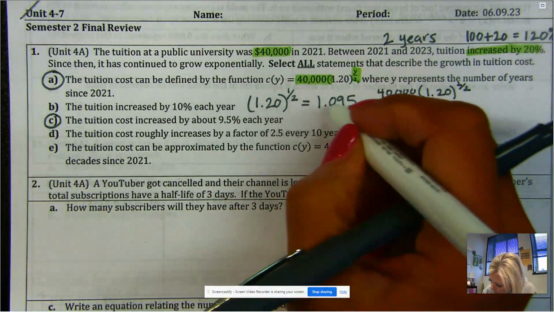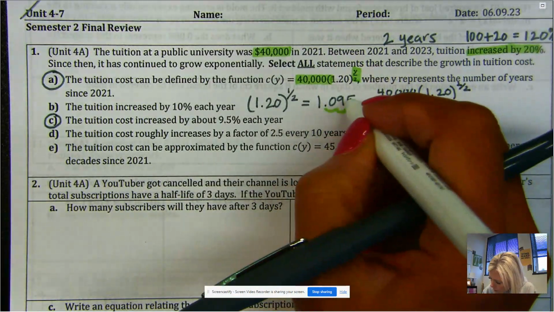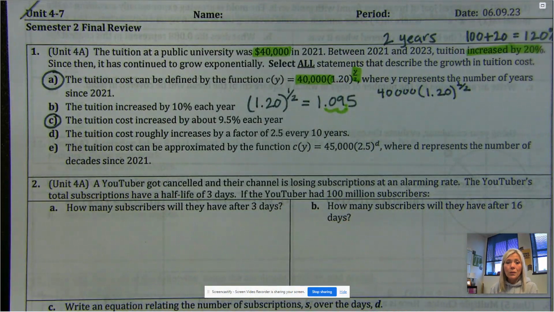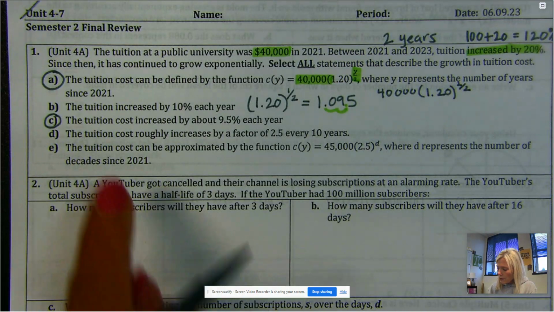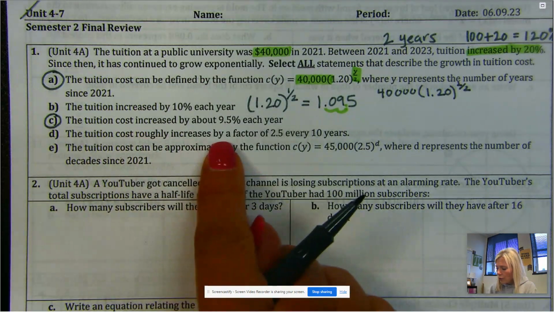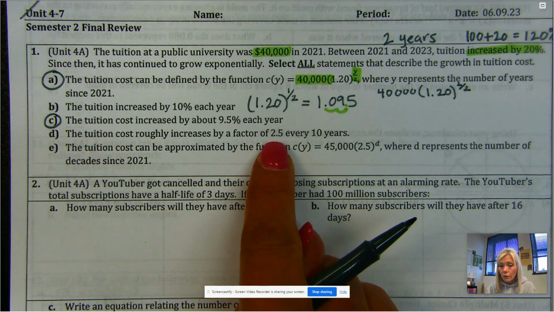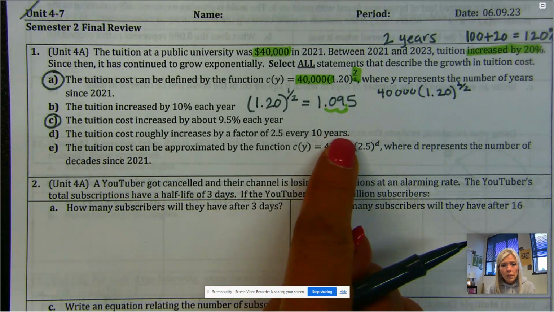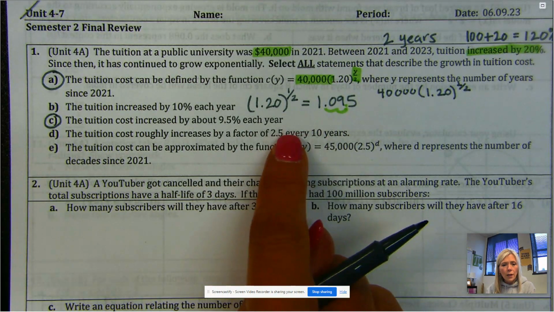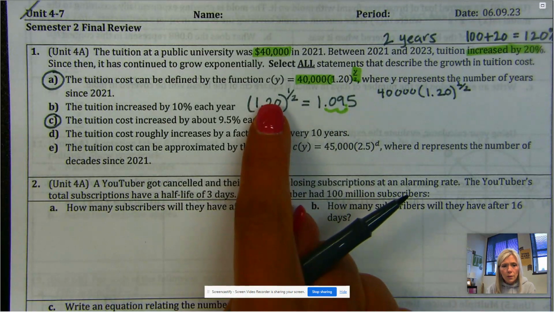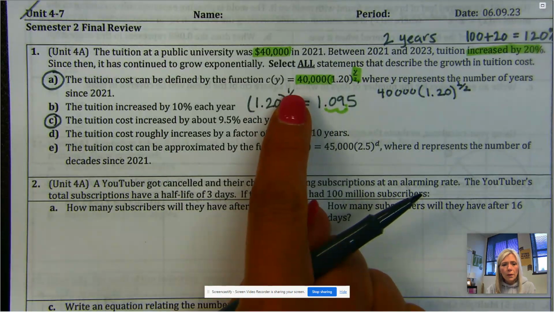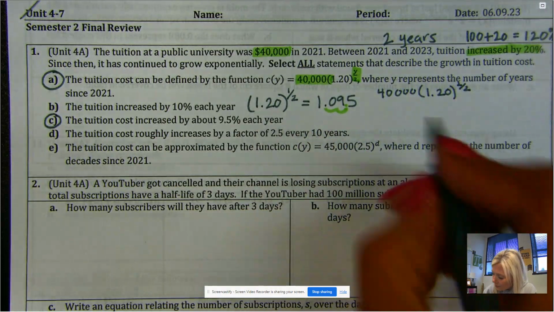If this decimal were to come over 2 places to make it a percent, it would be 9.5% increase. Okay, next, the tuition cost roughly increases by a factor of 2.5 every 10 years. Oh, 2.5 every 10 years. So this time, I'm going to do this again, only replacing the y with a 10.